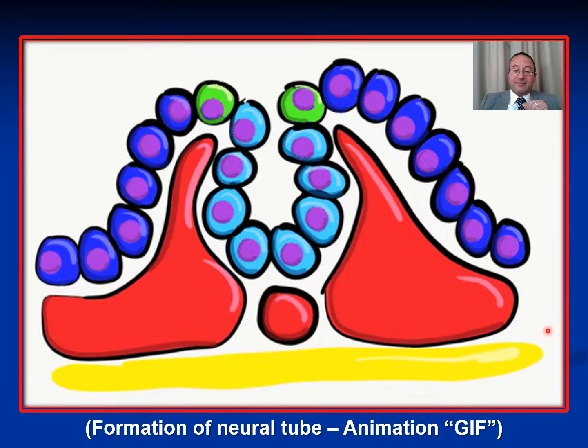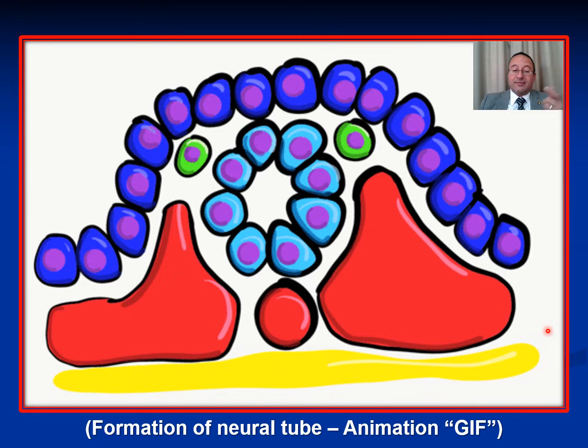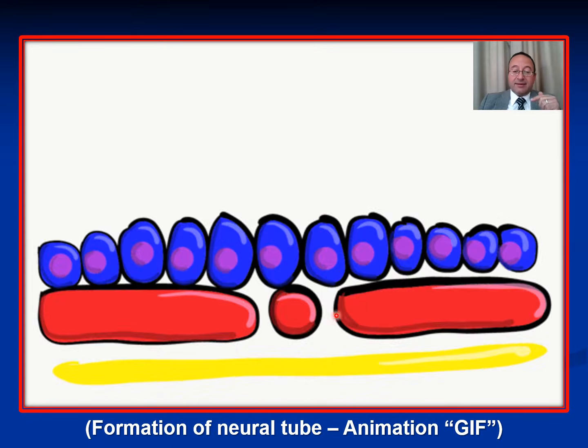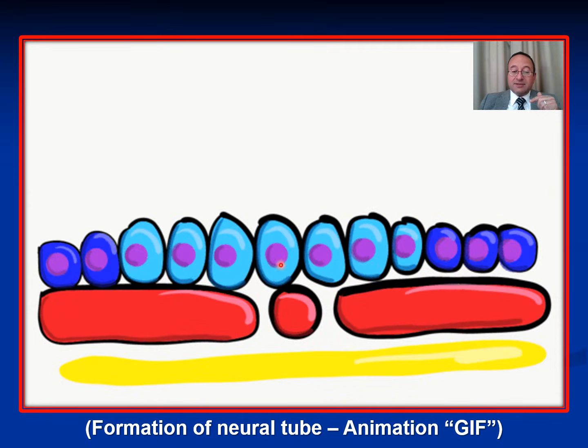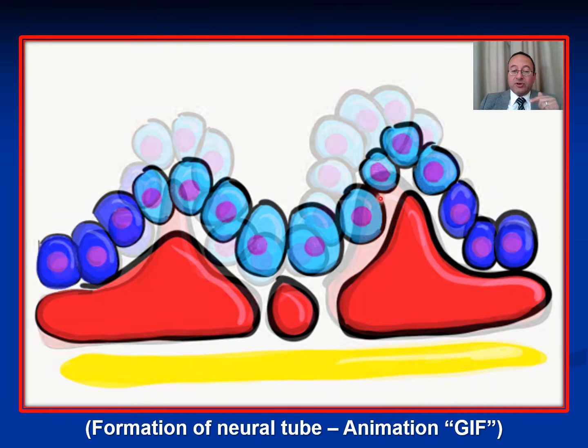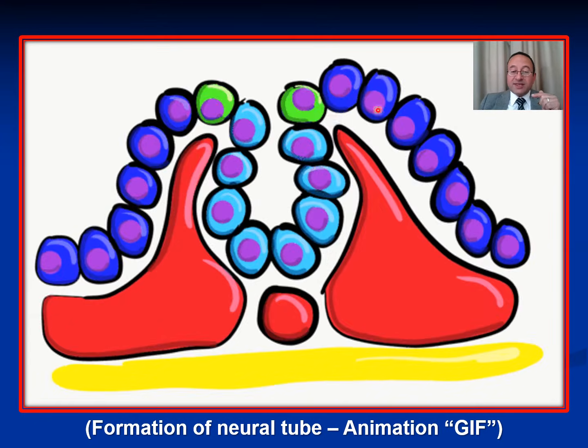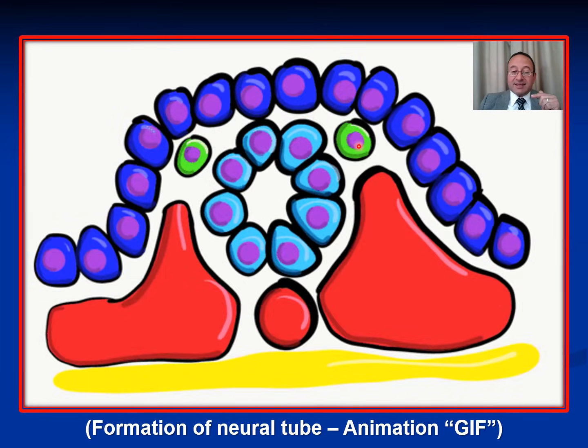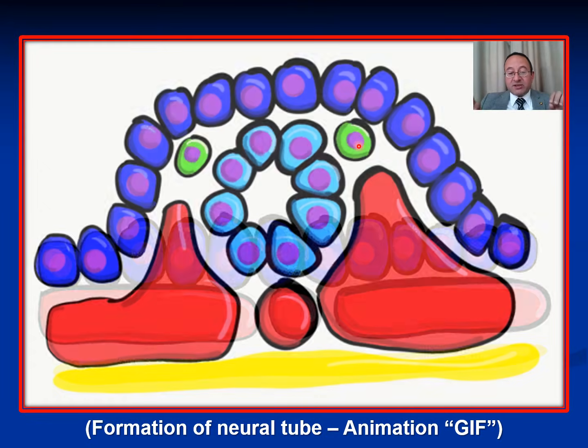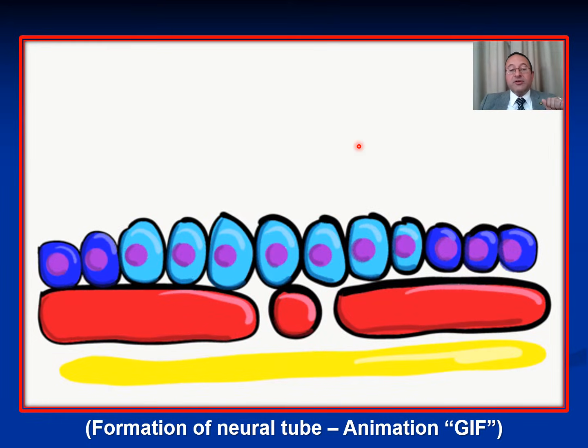Please, in this animation, concentrate on two colors: the light blue color and the green color. Again, there's a light blue color, groove, closes. Look to the green color, which indicates the neural crest, becomes detached on each side of the neural tube.